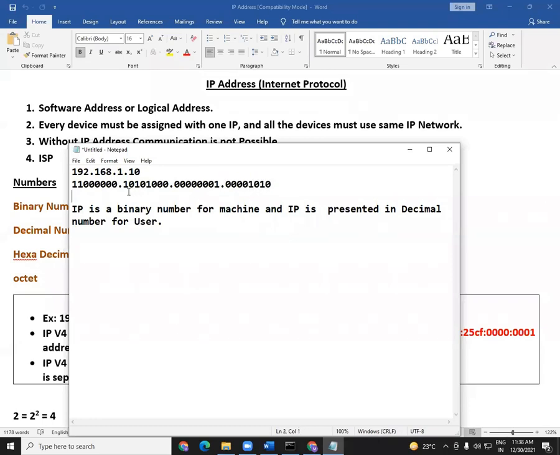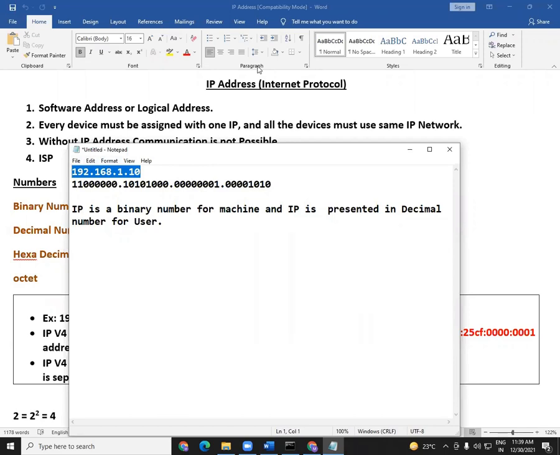This is exactly the binary. We will see what is binary and decimal in more detail. But the binary of 192 will be like this. The binary of 168 is like this. The binary of 1 will be like this. And the binary of 10 will be like this. Tell me which one is easier to remember and easier to assign? Of course, 192.168.1.10 is easier to remember, right? Instead of remembering zeros and ones.